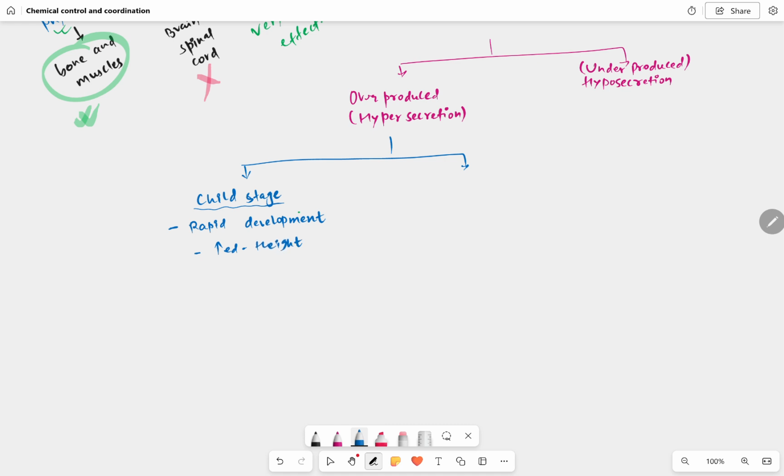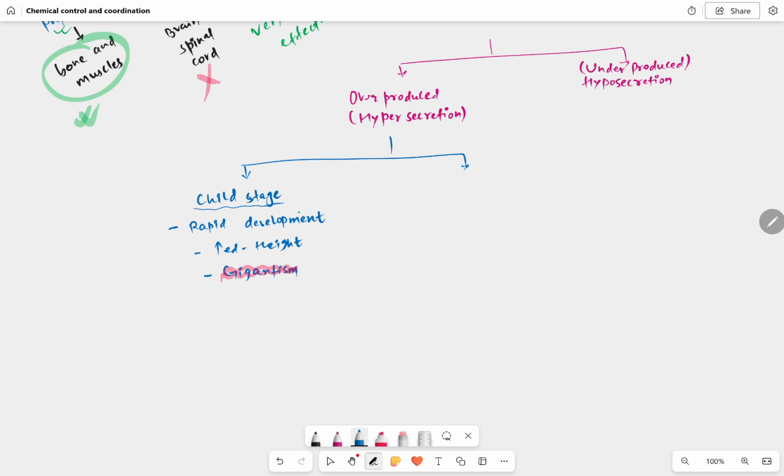This case is called by the medical term gigantism.